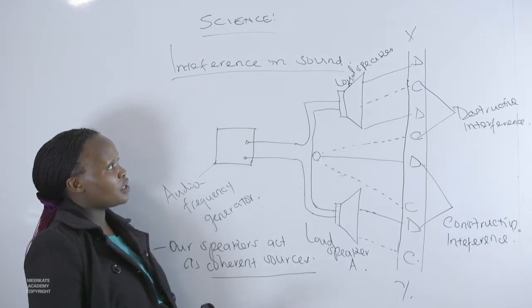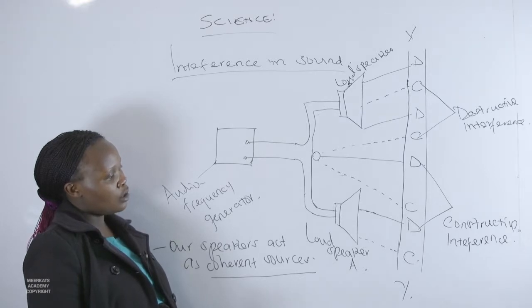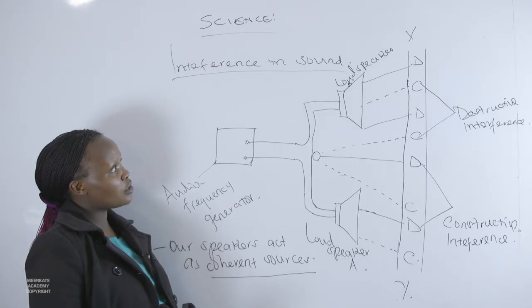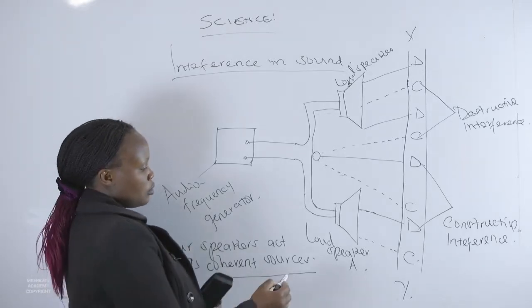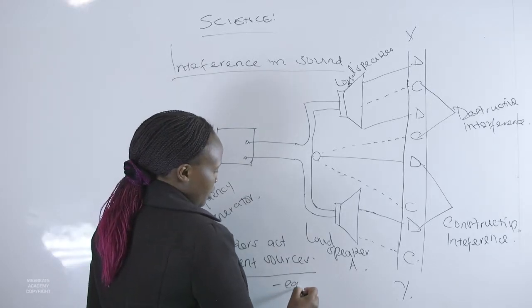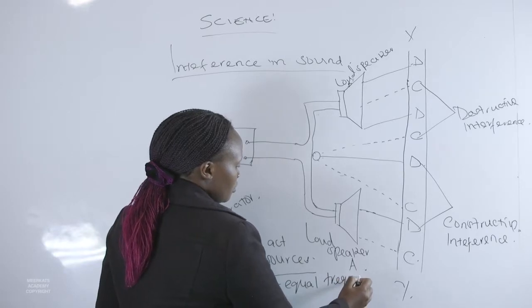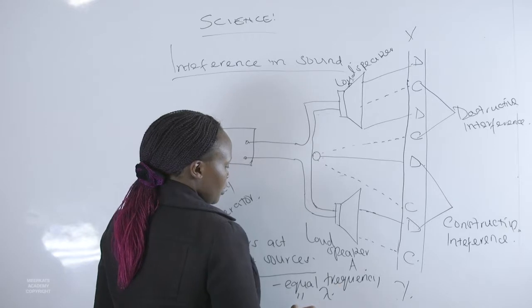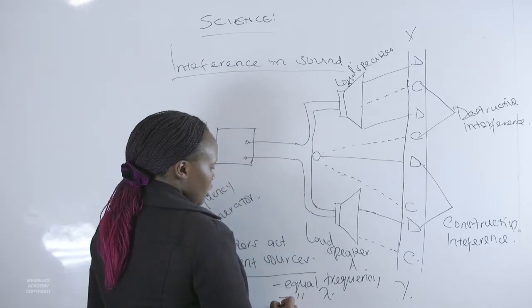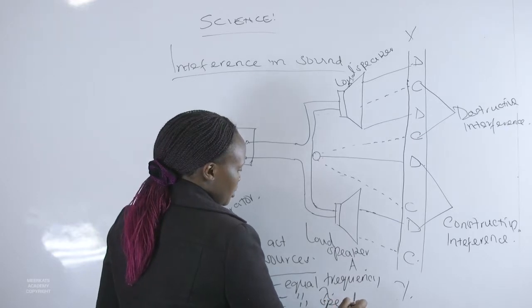the waves that will emanate from the speakers, the waves that we are going to generate from this particular setup, are going to have equal frequency. They are going to have equal wavelength, and they are going to have equal speed.